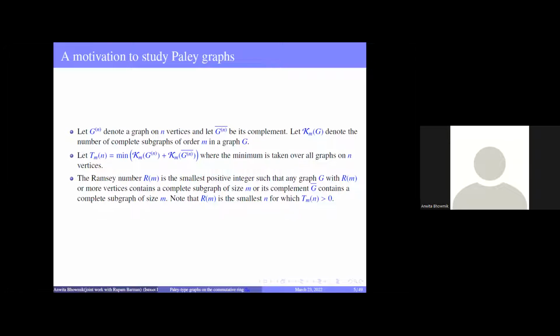So here we note that R(m) is the smallest n such that Tm of n is positive. So from here we see that there is some link between the diagonal Ramsey number and this Tm of n. And in turn, Tm of n depends on this expression Km of G bar.